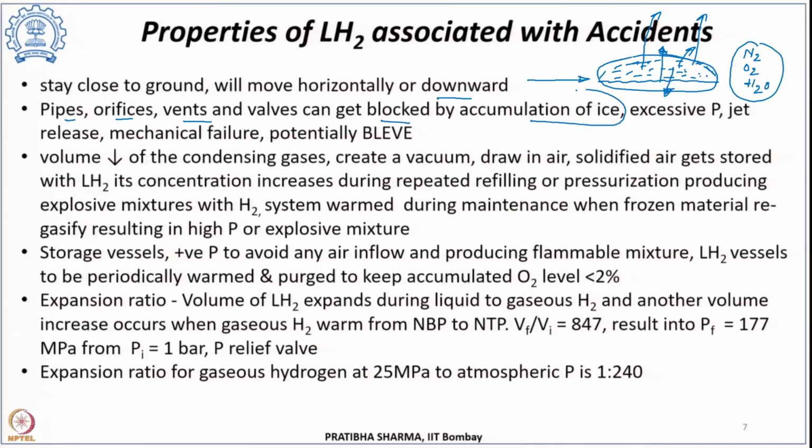Then, after taking some heat from the atmosphere or from friction when the hydrogen flows through the pipe, this ice will convert into gaseous or liquid phase. During this phase change, the volume will expand, so excessive pressure will be generated. This excessive pressure may cause mechanical failure of the pipe. This is why hydrogen purity should be maintained.